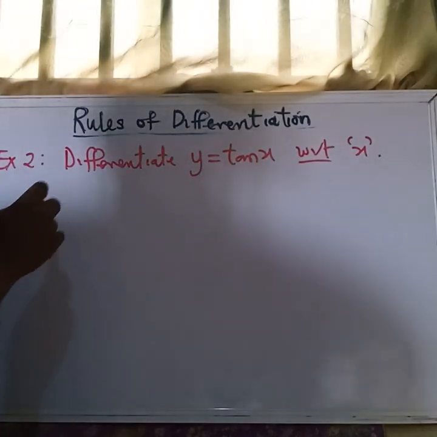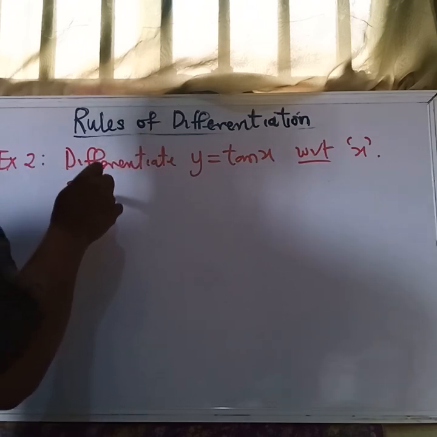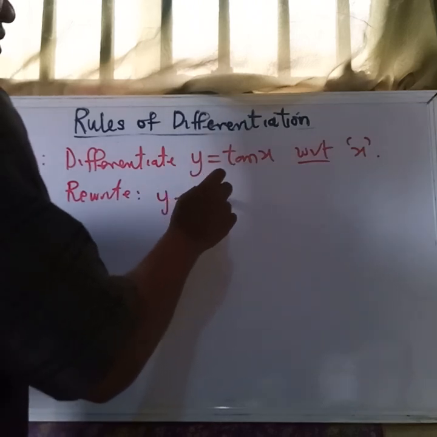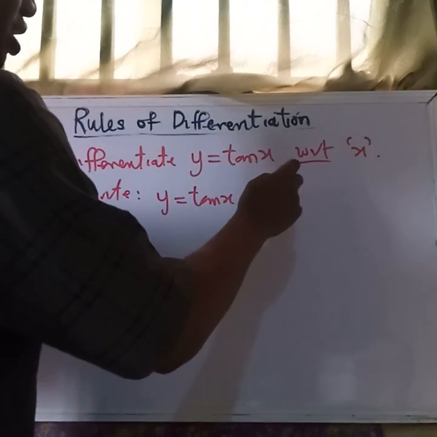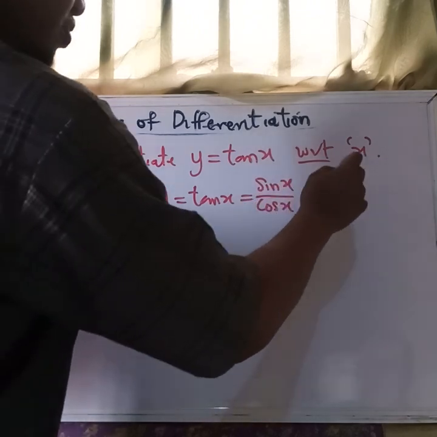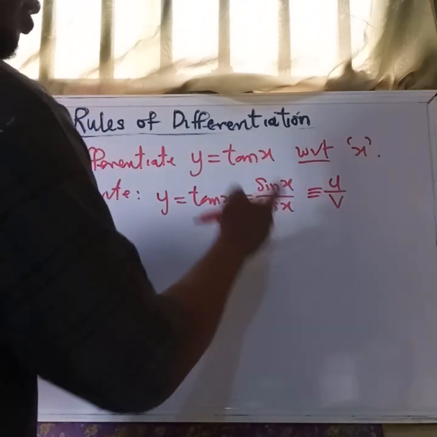If we rewrite this, tan x means sine x over cos x, and accordingly, this is equivalent to the function u over v.